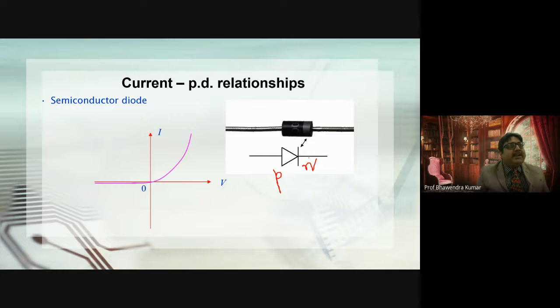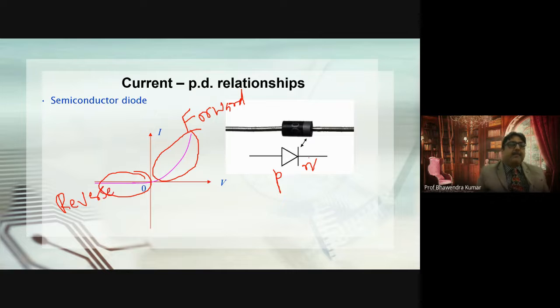There is no linear part of the graph, right? This part is called forward characteristic, and this part is called reverse characteristic. Yes, very good. And if you have done Zener diode, then there is a sudden fall in the value of the current.